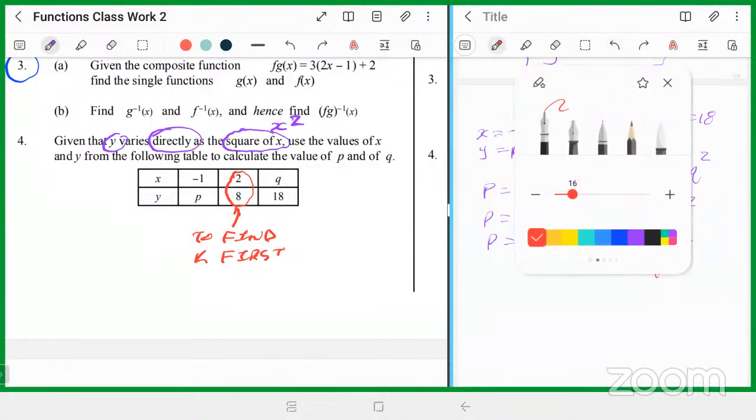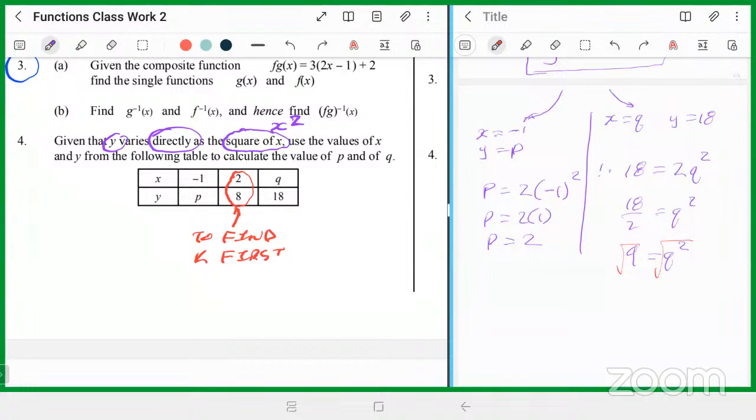We end up getting Q equals the square root of 9, and the square root of 9 is 3. So Q equals 3.